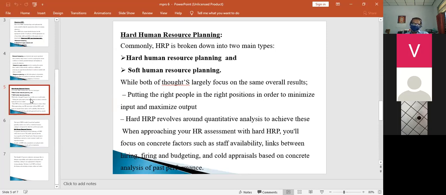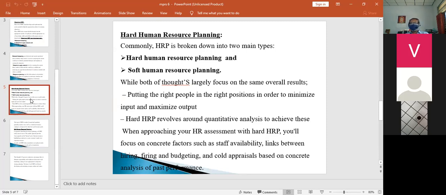Mostly every year, a yearly budget will be prepared and put in front of the management. The management will assess and allot the budget required for each and every department. By utilizing this budget, every activity will be performed.